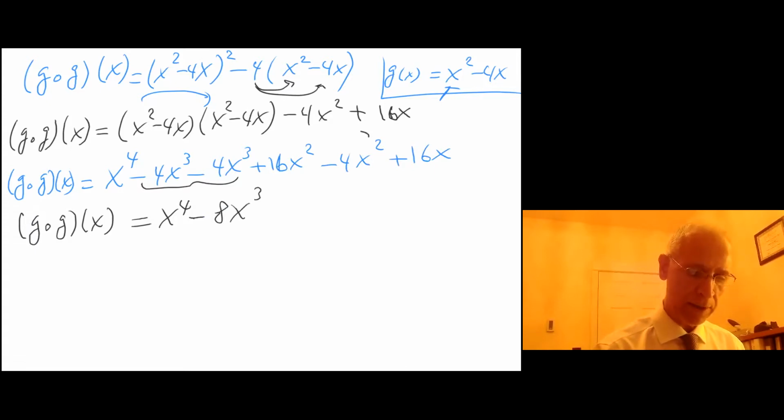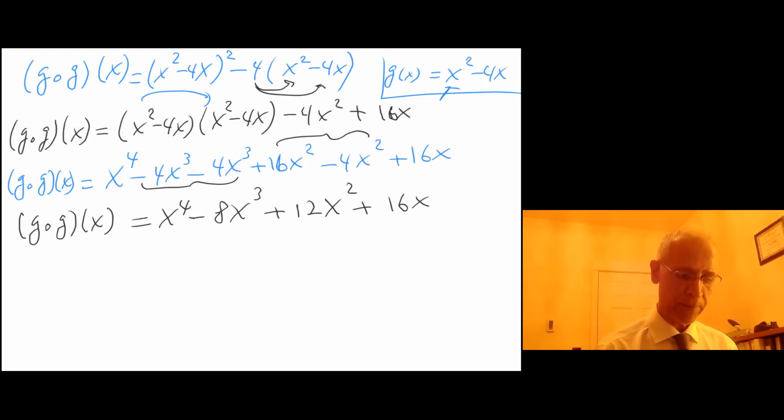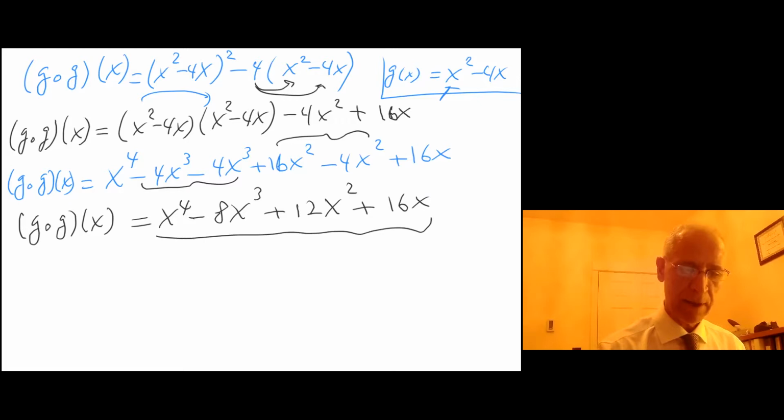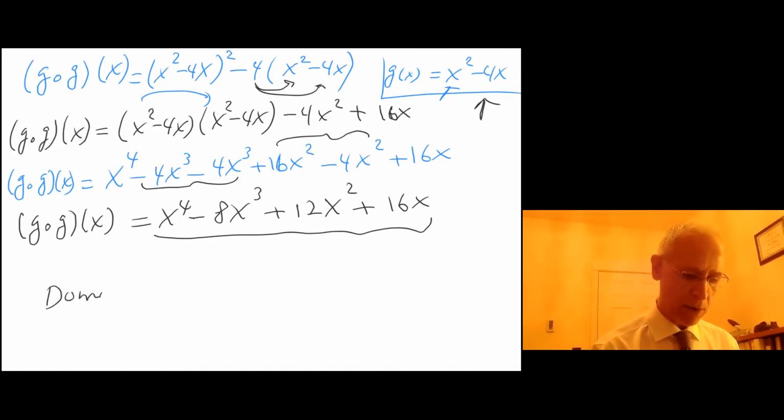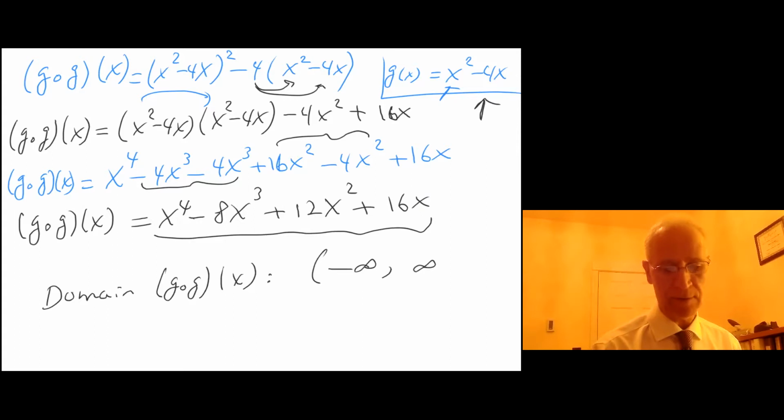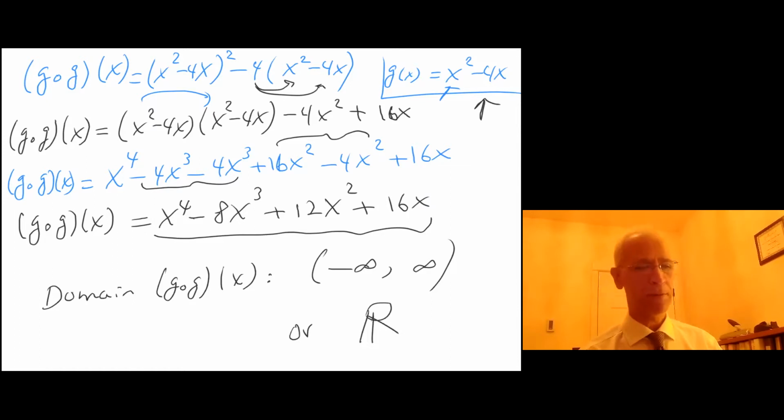And then these two are like terms, I have plus 12 times x to the second, and then I have plus 16x. Okay, so as you can see, this is a polynomial. There's no restriction here. There was no restriction in my original inner function g of x. So the domain of g of x is from negative infinity to positive infinity, or you could say all real numbers. Okay. Let's do one more example.